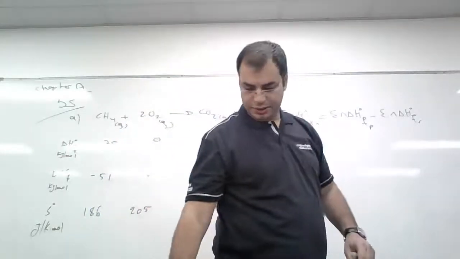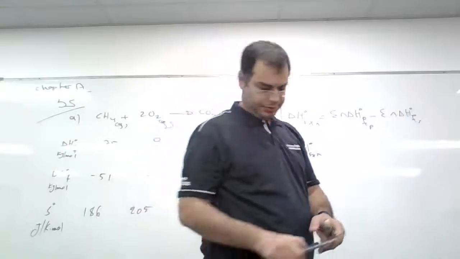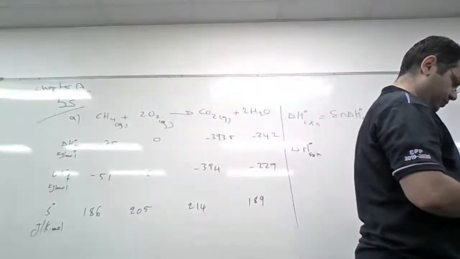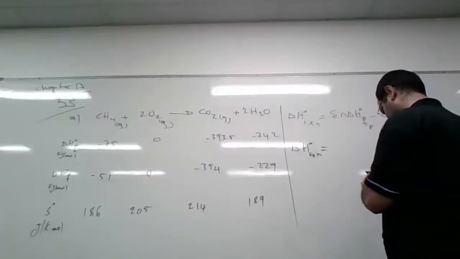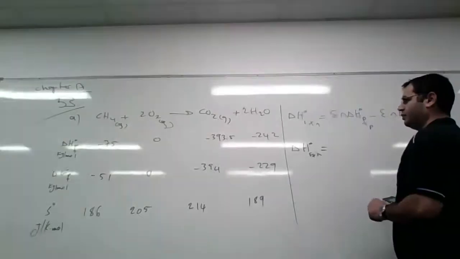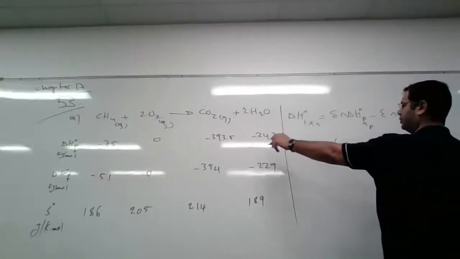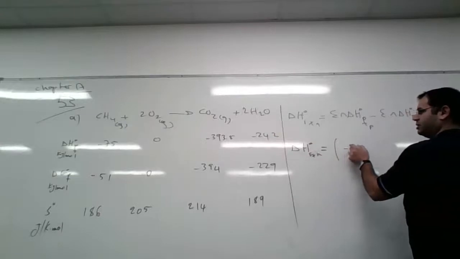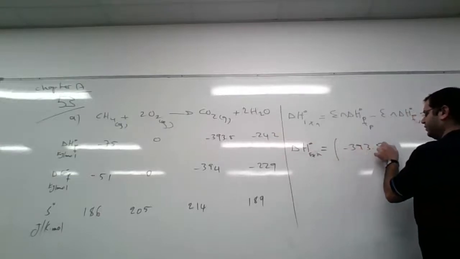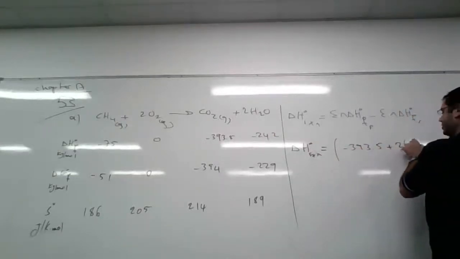Let's solve the question, guys. So it's going to be what? For the products, minus 393.5 plus 2 times minus 242.